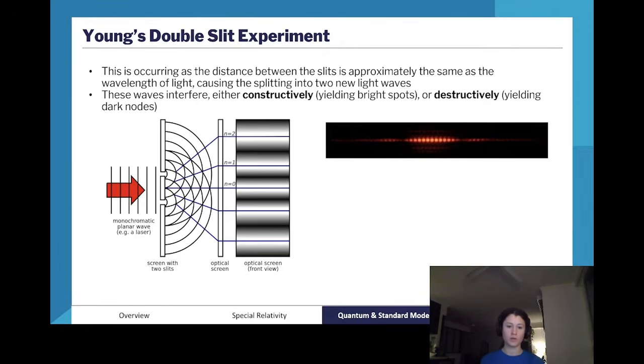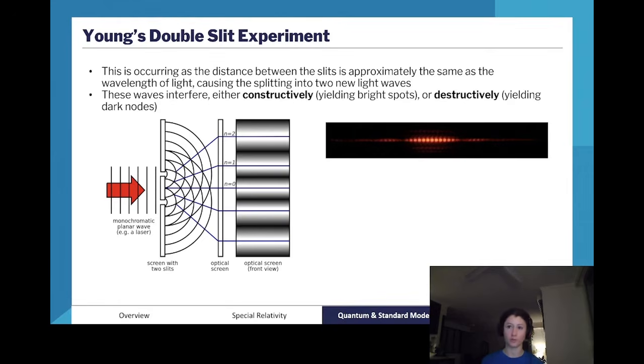So, the waves of light interfere, making bright spots when they interfere constructively, or dark spots when they interfere destructively. So, Young's double slit experiment showed that light was a wave because the light exhibited constructive and destructive interference patterns, which is a property of waves.